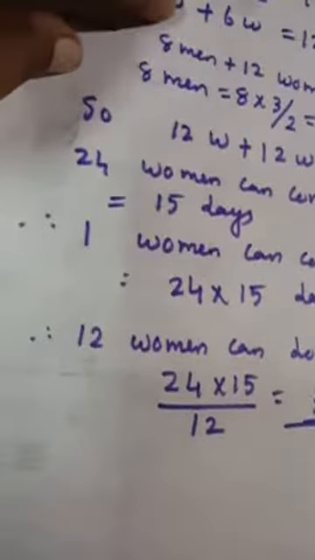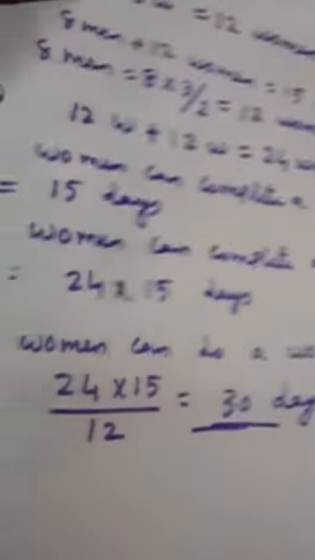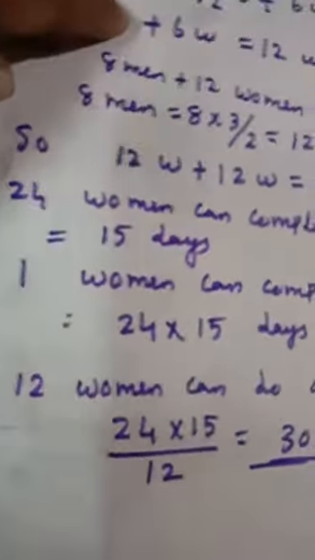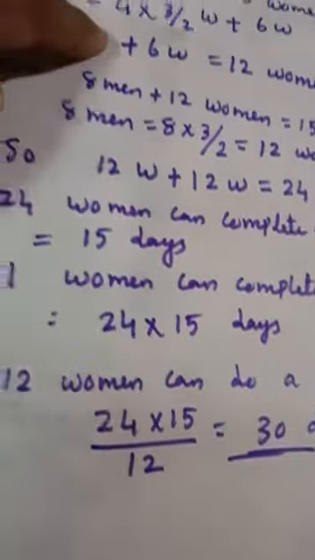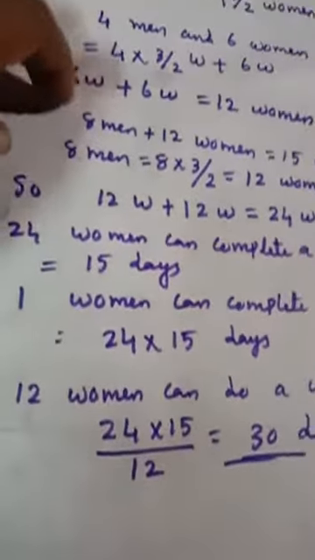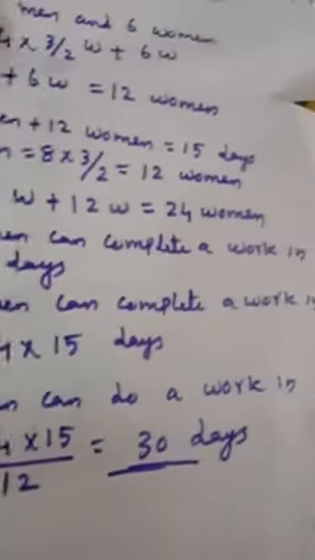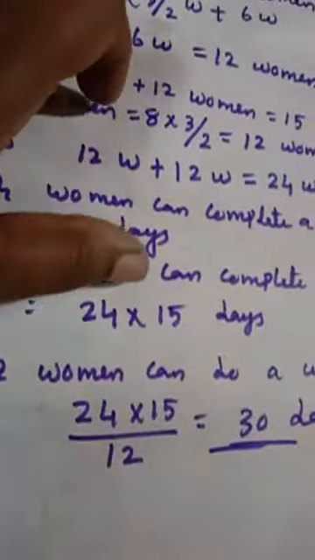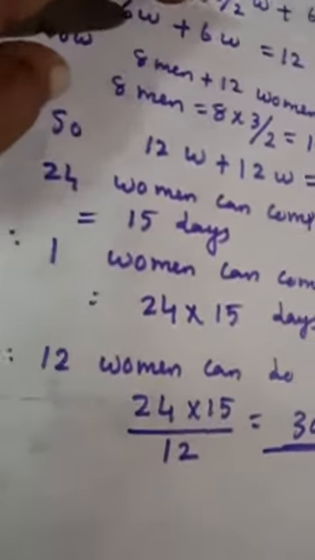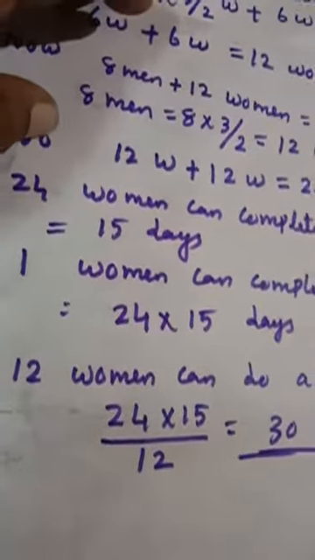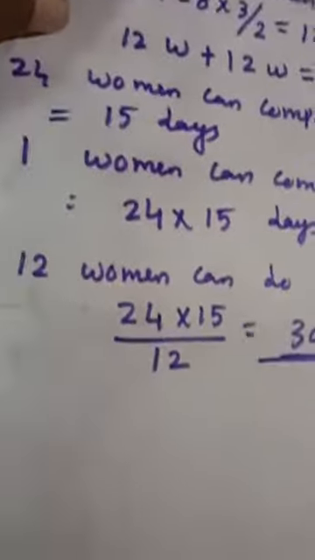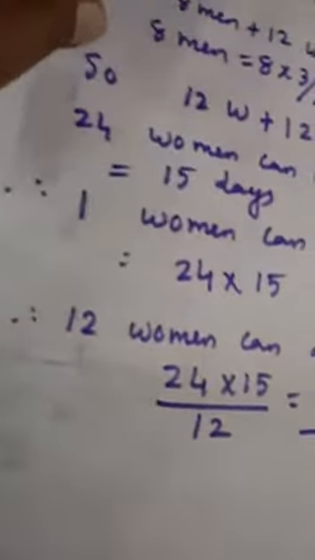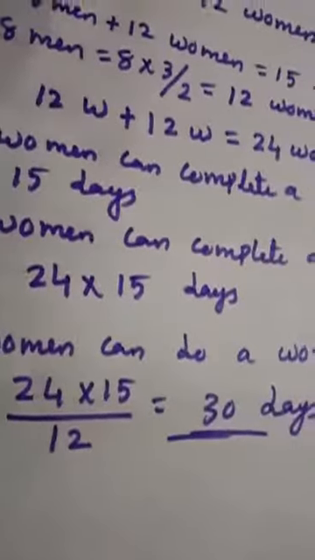Here 12 women is there in the question: 4 men and 6 women is equal to 12 women. One woman can complete in 24 into 15 days. Then 12 women: 24 into 15 by 12 equals 30 days. Okay, 24 into 15 by 12, 30 days.